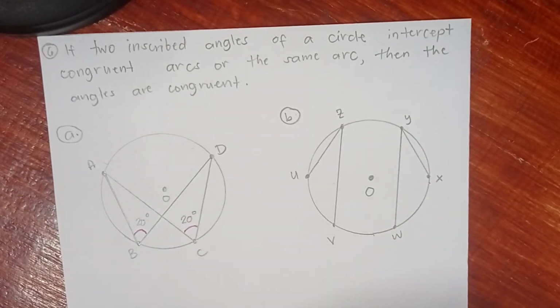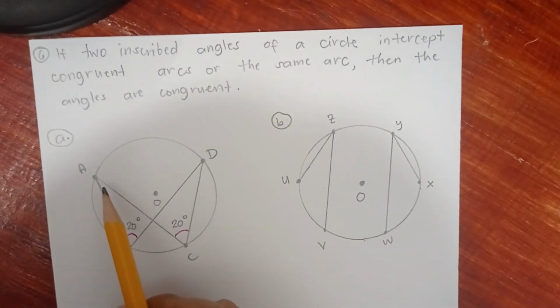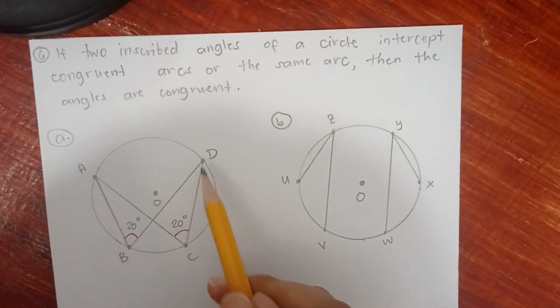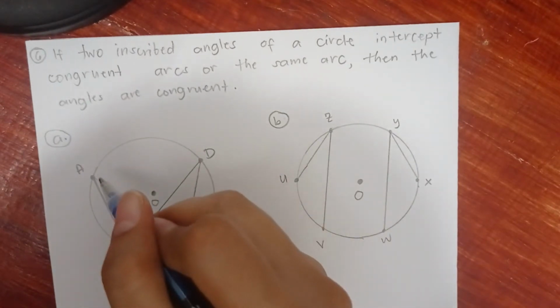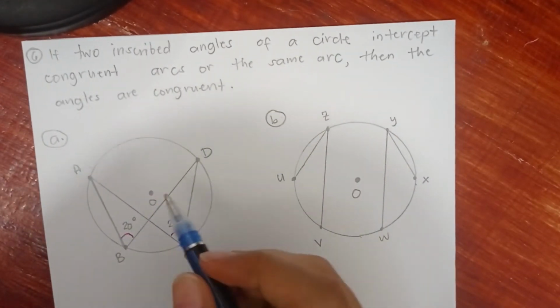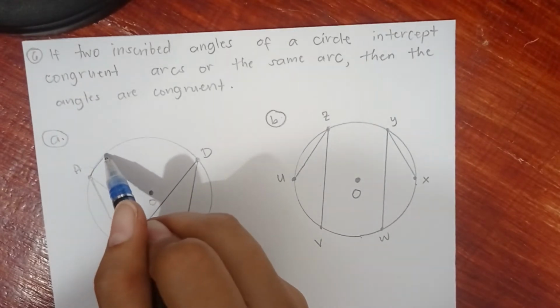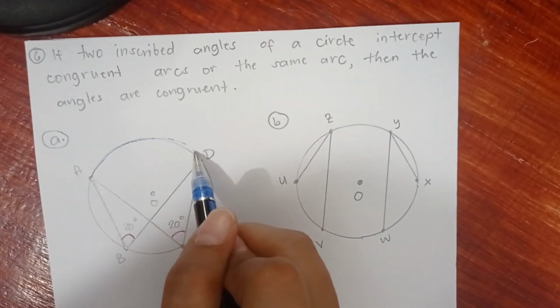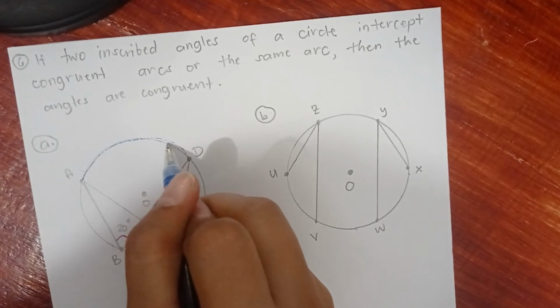If the two inscribed angles are congruent, therefore, yung intercepted arcs nila are also congruent. Diba? So, dito class, makikita nyo, angle ABD, alin ang congruent arc niya? Ang congruent arc niya is arc BD. Okay? So, ito yung congruent arc niya.